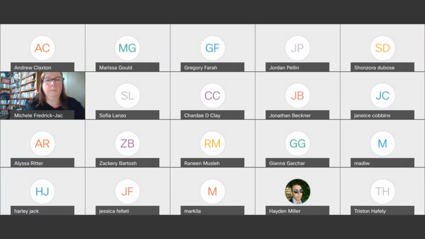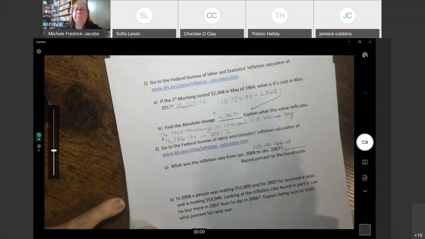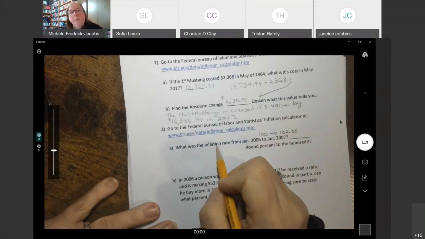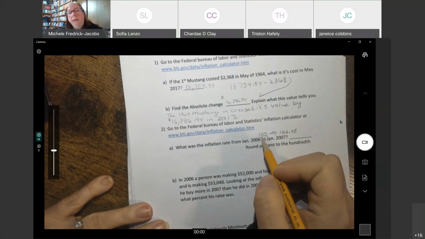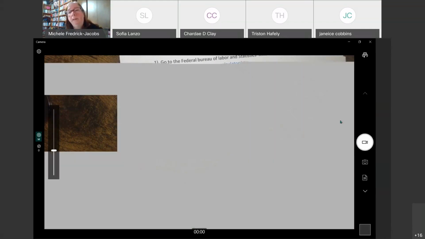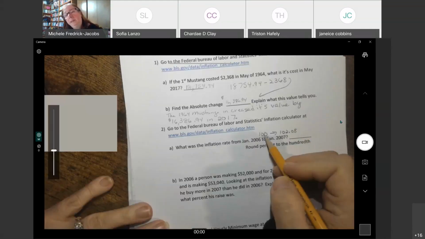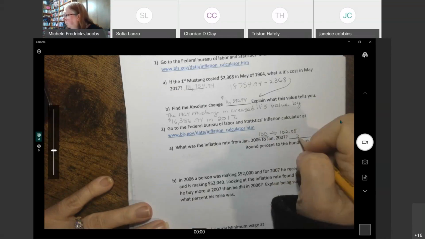So we're finding the relative percent change. Inflation rate means relative percent change. This would be the old value. We put in 100 and we got 102.08. Now, since we used 100, this is the answer, 2.08%.